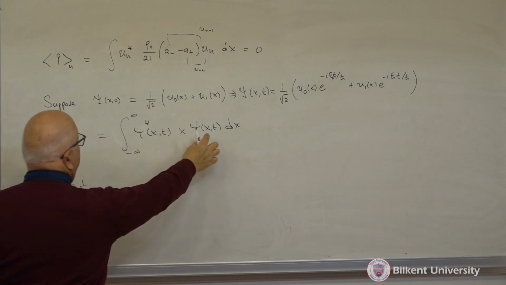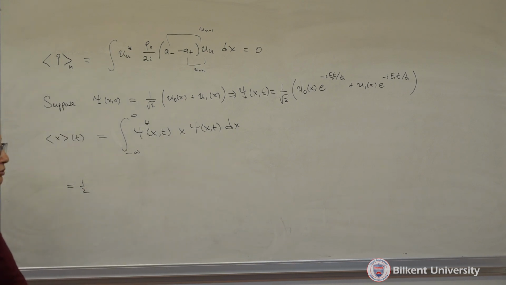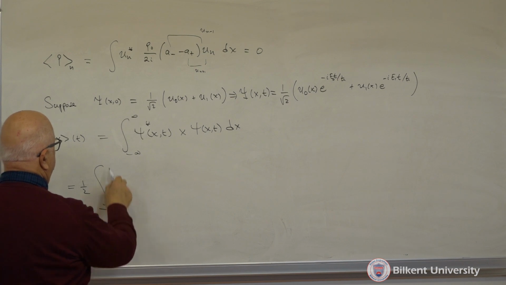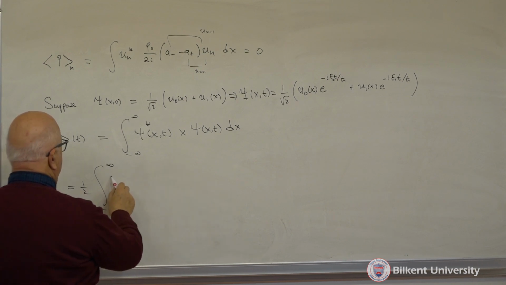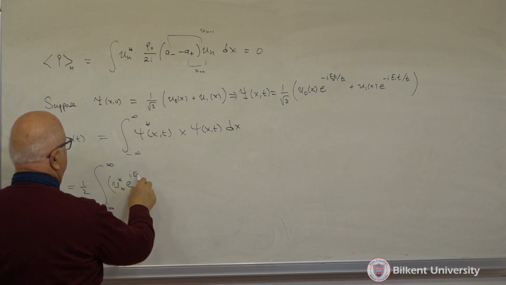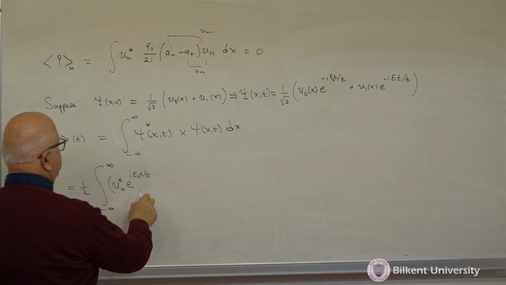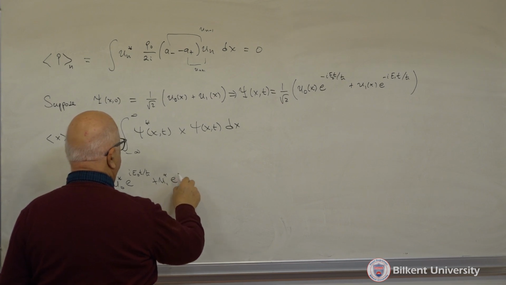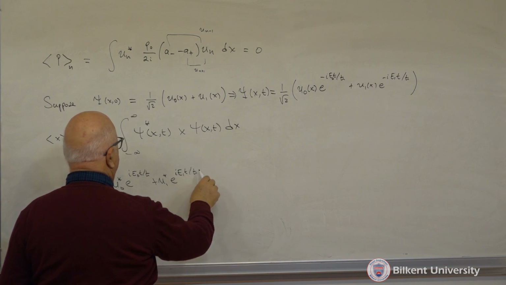Because I have two factors of 1 over square root of 2. And then the integral from minus infinity to infinity of u0 star e to the plus i e0 t over h bar plus u1 star e to the i e1 t over h bar.